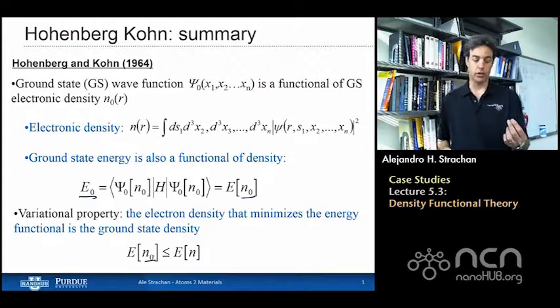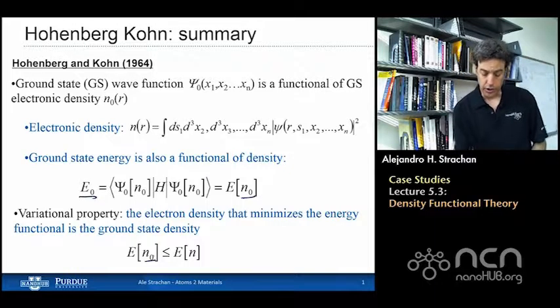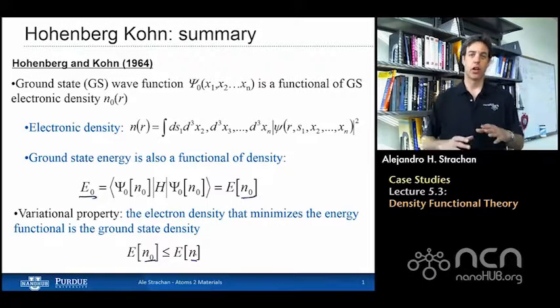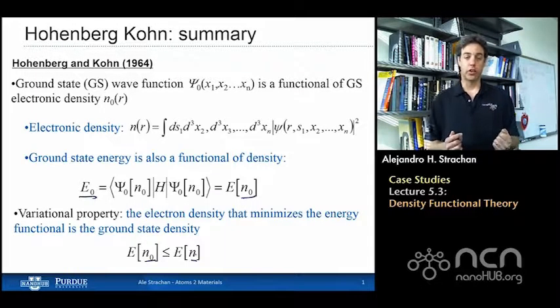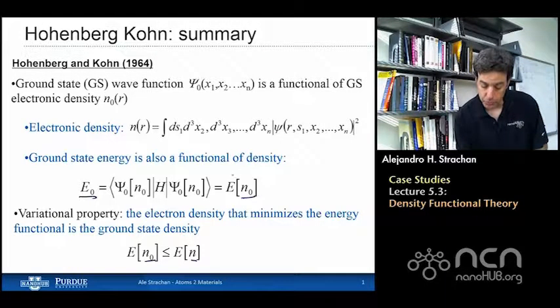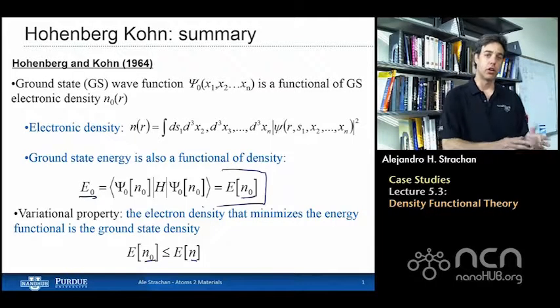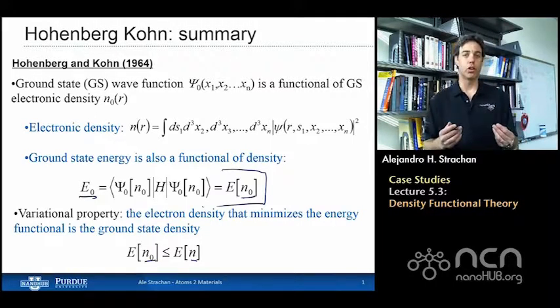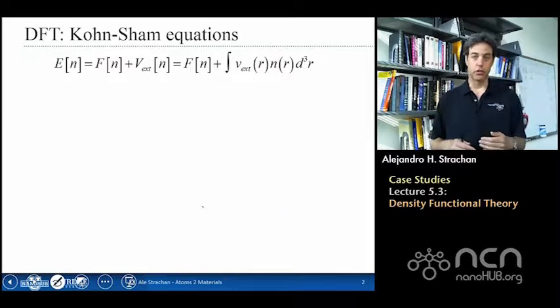The ground state electron density will give an energy that's lower than the energy given by any other electron density in that system. Now, the challenge is that we know that the energy is a functional of the electron density, but we don't know this functional exactly. So there are multiple ways of solving this DFT problem.